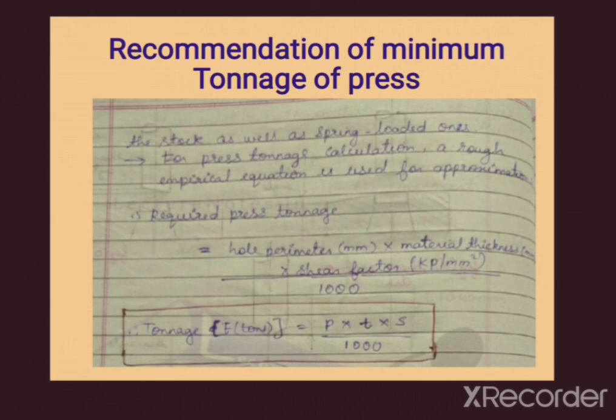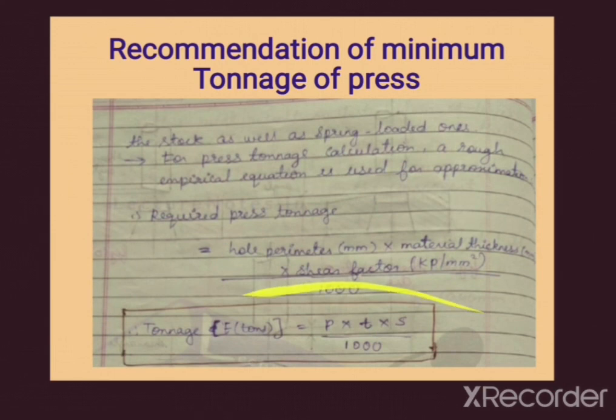For press tonnage calculation, a rough empirical equation is used for approximation. In this chapter we are discussing empirical equations. This is an empirical equation required for press tonnage: the whole perimeter in mm, times material thickness, times shear factor, divided by 1000.